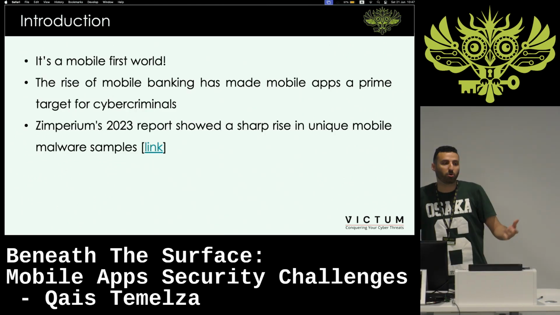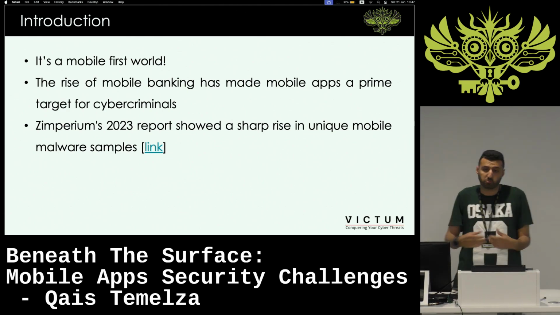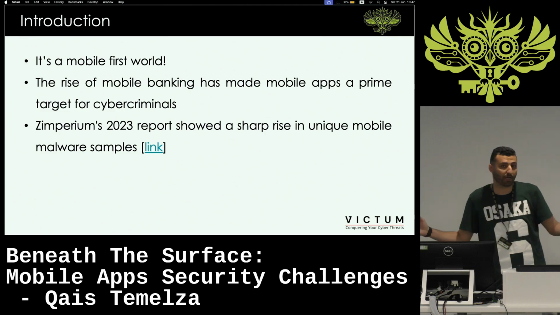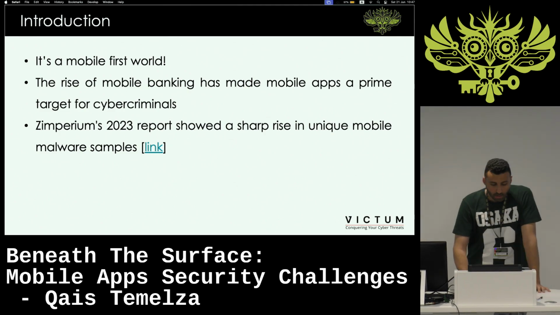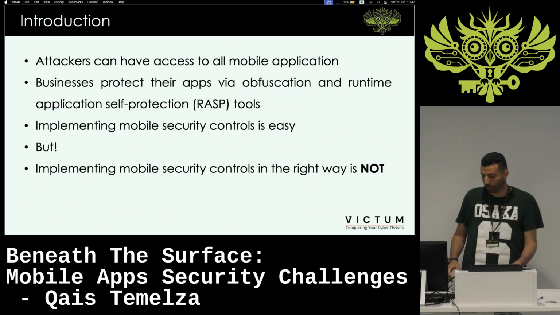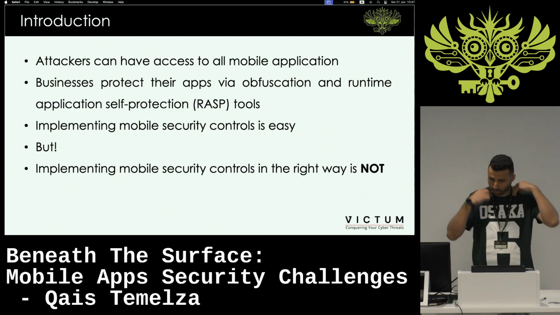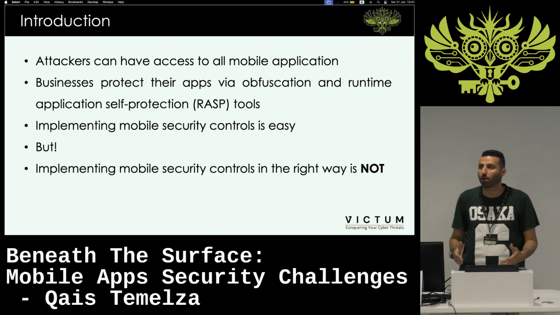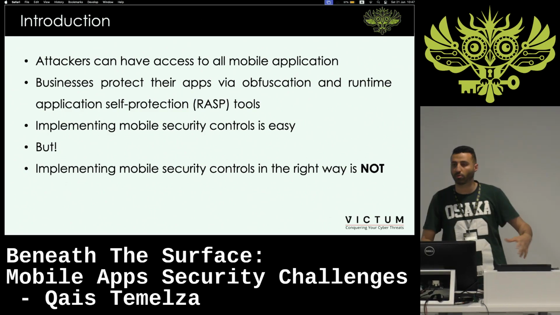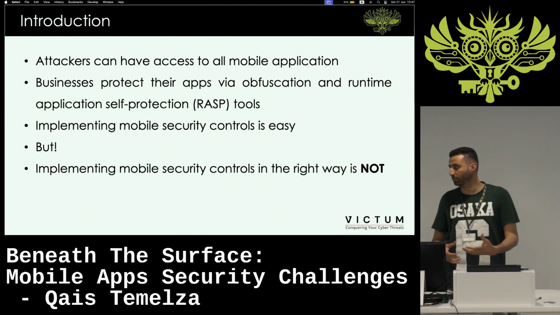So yeah, mobile. We all know it's a mobile first world. Mobile banking is everywhere. Mobile attacks are on the increase, especially malware and all of that. We all know this. The main problem with mobile apps is not like other stuff, like let's say web applications, where it's hard to get your hands on the web application code itself unless you have access to the server itself or whatever.